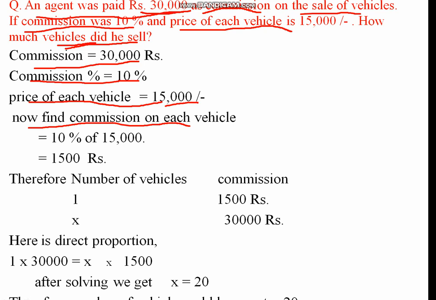So commission on each vehicle: we know the price of a vehicle and the rate of commission. Rate of commission is 10% and price of each vehicle is 15,000 rupees. So for each vehicle, commission is 10% of 15,000. Find the 10% of 15,000 as 15,000 into 10 upon 100.